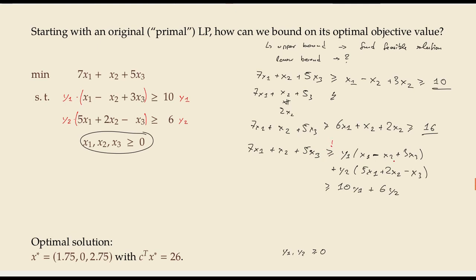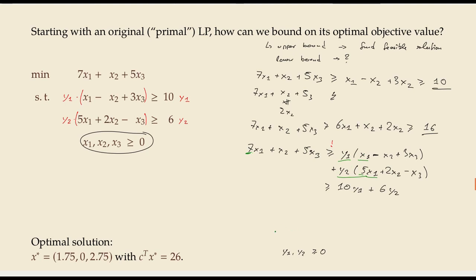If you pick the y's too large, it doesn't work. In fact, we can read off for every x a constraint on the y's. Okay. For x1, we have 5y1 and 1y1, and these two together must be less than 7.